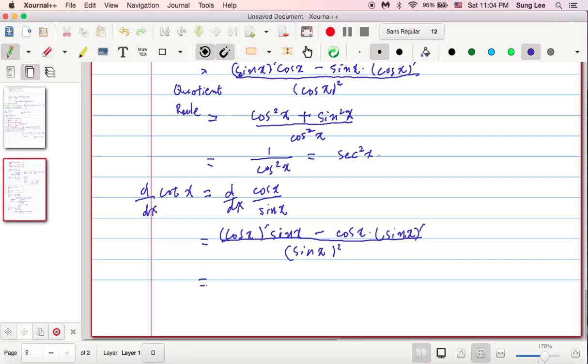So cosine of x prime is negative sine x, right? So negative sine x times sine x, so negative sine squared x. Negative cosine times sine x prime is cosine, so that's negative cosine squared x, all over sine squared x.